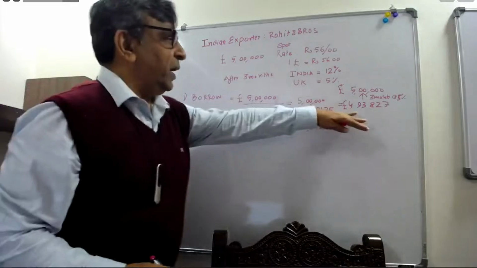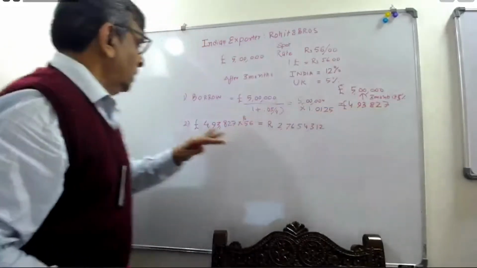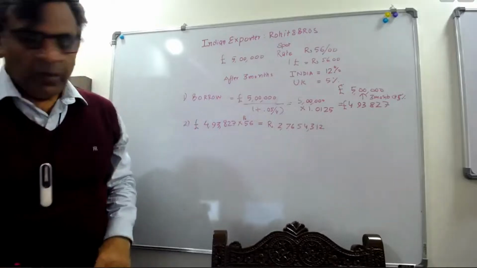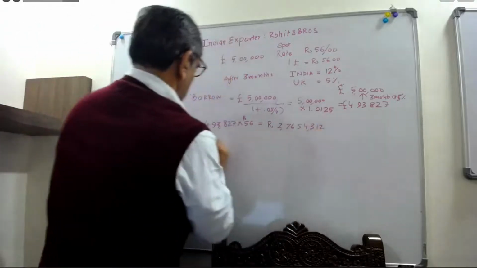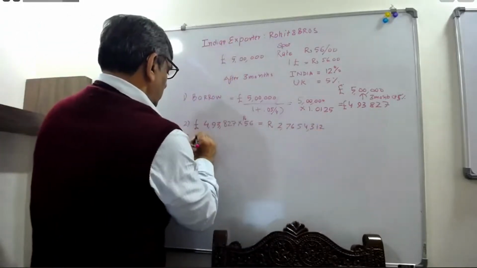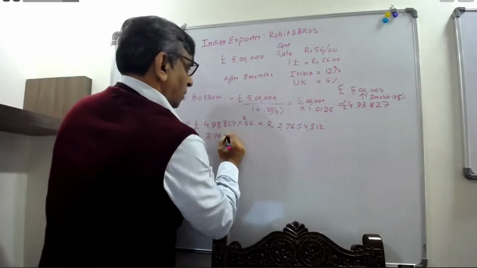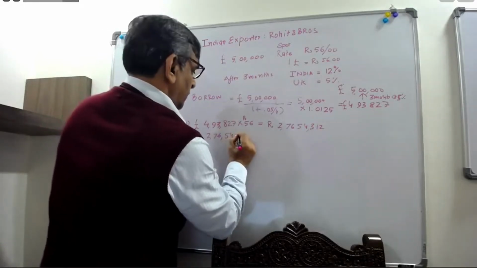So he took a loan of 4,93,827 pounds, then he used the spot rate to make it into Indian rupees. Now he is going to invest this amount. The third step: he has now got 2 crore 76 lakhs 54,312.